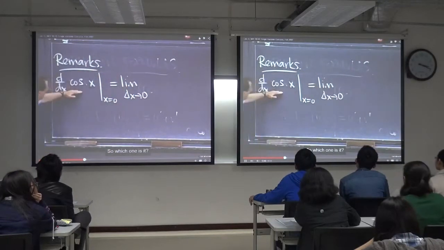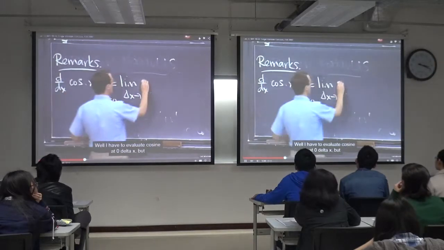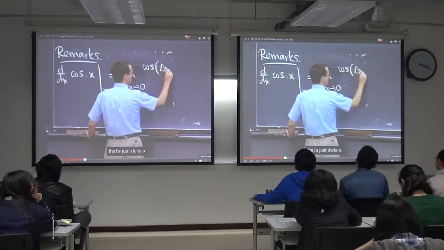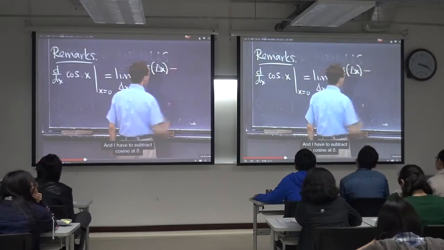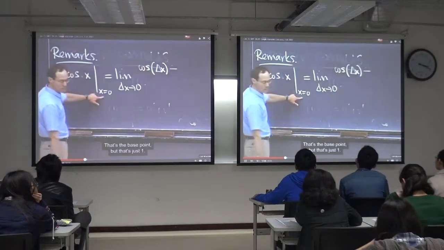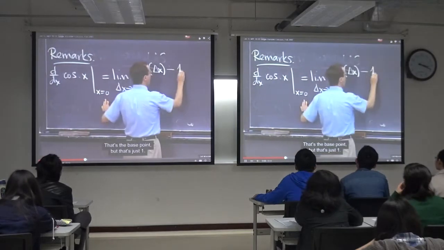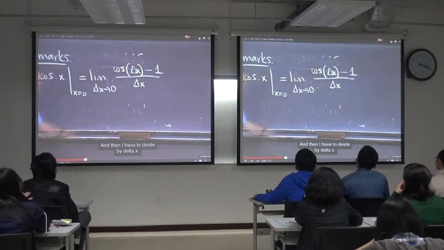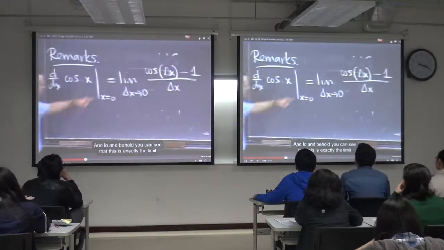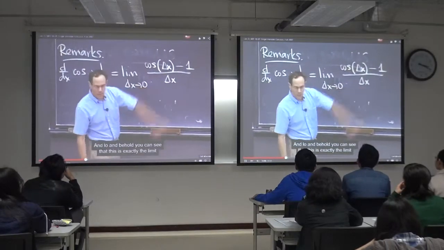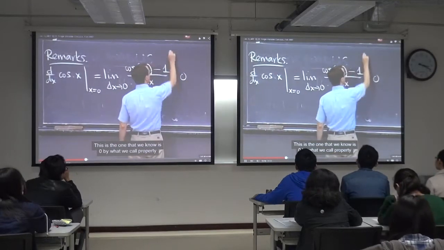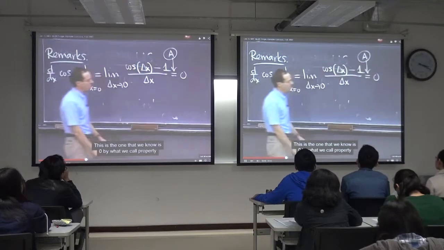So which one is it? Well, I have to evaluate cosine at 0 plus delta x, that's just cosine delta x. And I have to subtract cosine of 0, that's the base point, but that's just 1. And then I have to divide by delta x. And lo and behold, you can see that this is exactly the limit that we had over there. This is the one that we know is 0 by what we call property A.